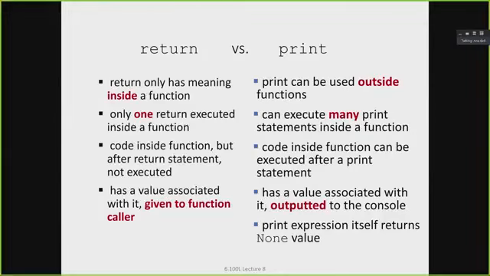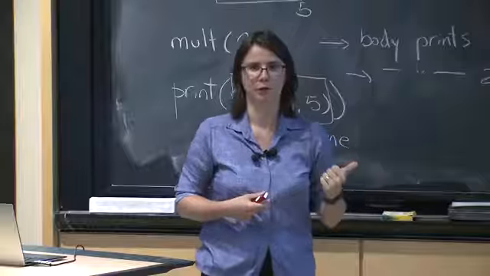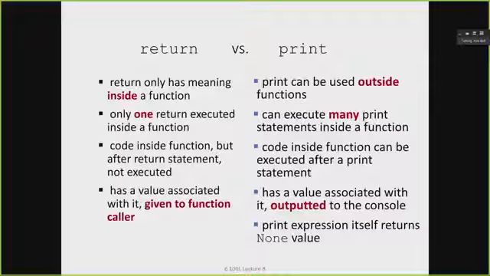But as soon as Python, during execution, hits one return statement, it immediately ends the function, takes that return value, and pops it back to whoever called it. So it's not going to run more than one return statement. Print, on the other hand, you can run as many print statements as you'd like inside the program, and they can all be hit, and they can all generate some sort of output to the console.